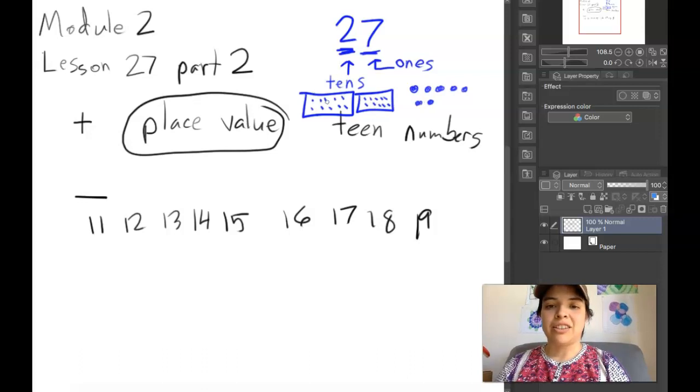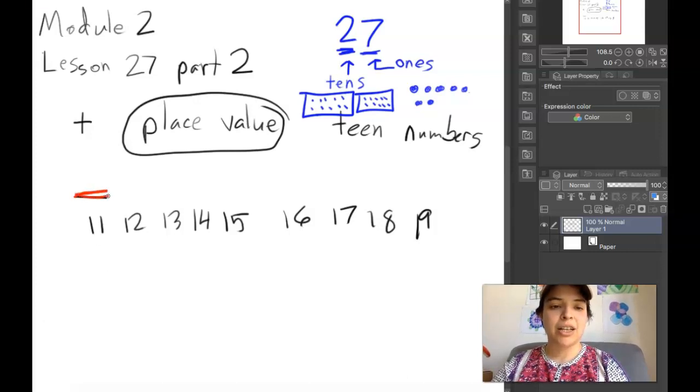So if I count it all, it's 10, 20, 21, 22, 23, 24, 25, 26, 27. So we pay attention to the numbers in the order that they come in. Okay? All right.